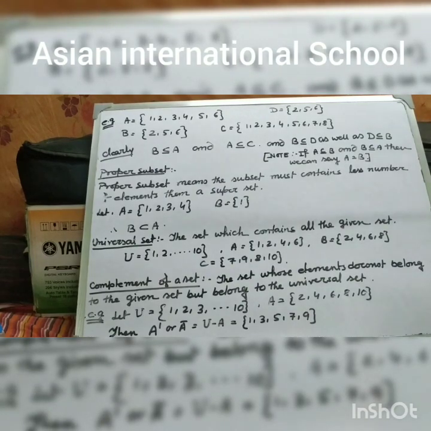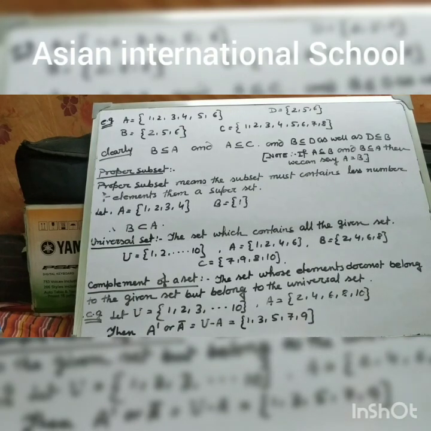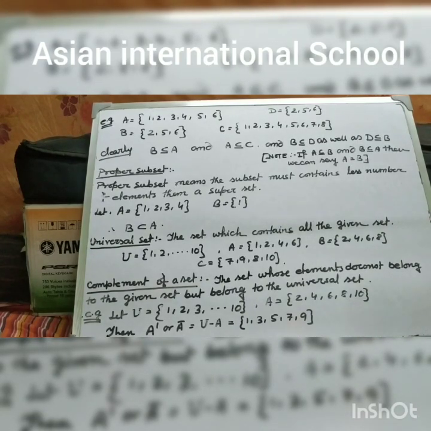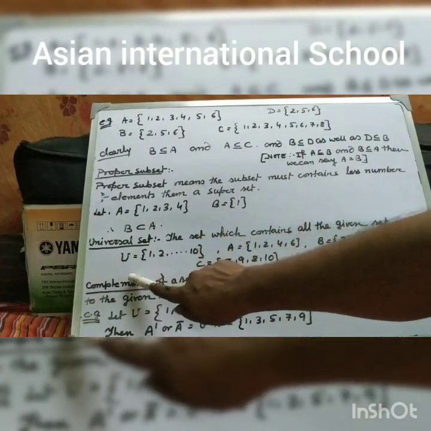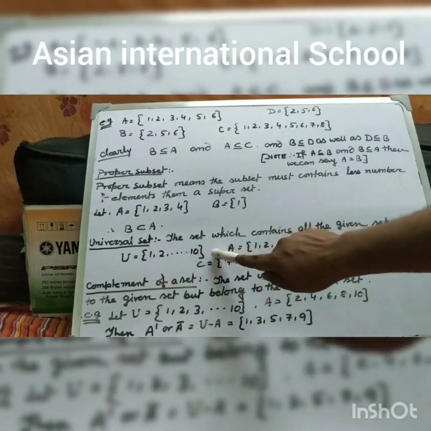Next, come to the point, that is the universal set. This is the most vital part, the universal set. The set which contains all the given sets. That means the universal set is the superset of all the given sets. Like suppose U, that means universal set, I am defining 1, 2, 3, 4 and up to 10.